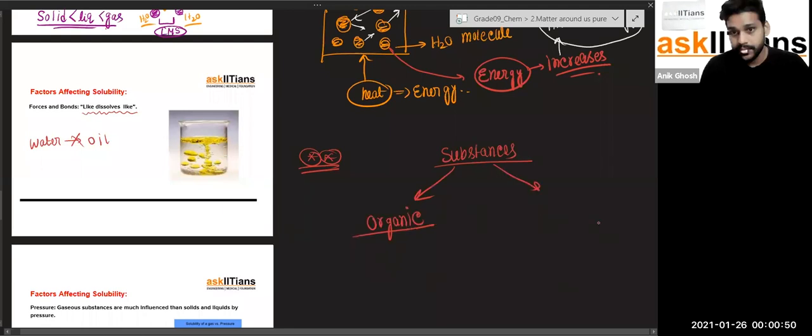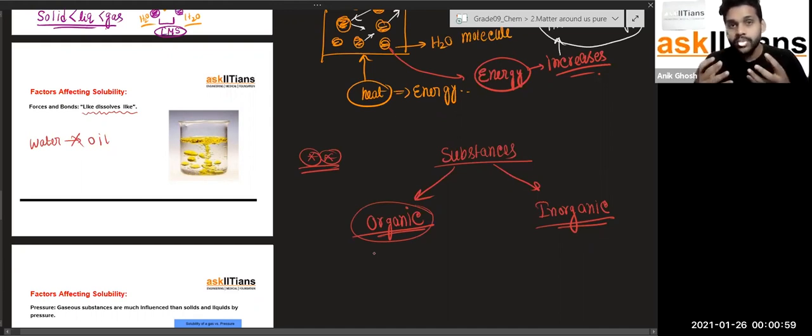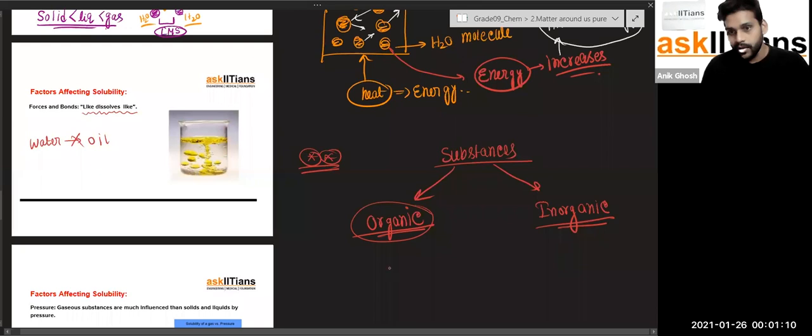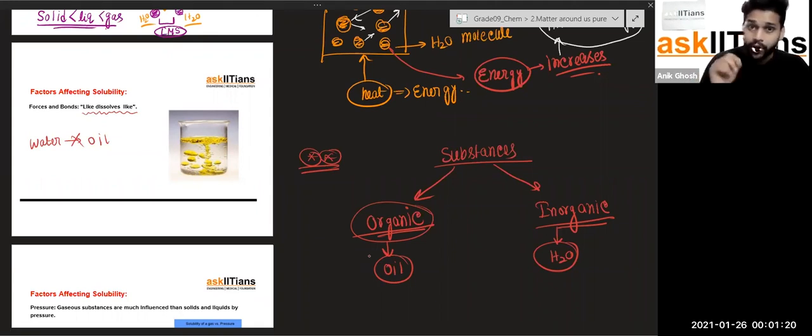So let's not make it difficult. Organic substances can dissolve organic substances, and inorganic substances can dissolve inorganic substances. So what I mean to say is it's not like everything can dissolve everything. The thing is, water is an inorganic substance and oil is an organic substance. Why do we call it organic and why do we call it inorganic? That you would learn later in class 10. Okay, in carbon and its compounds, you would learn what the organic substances are and what the inorganic substances are.